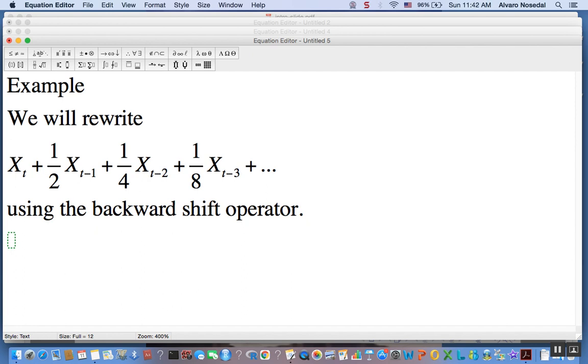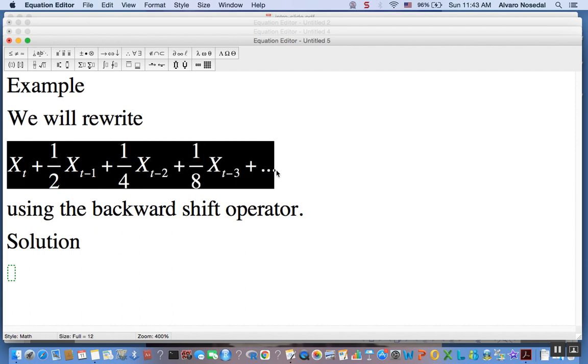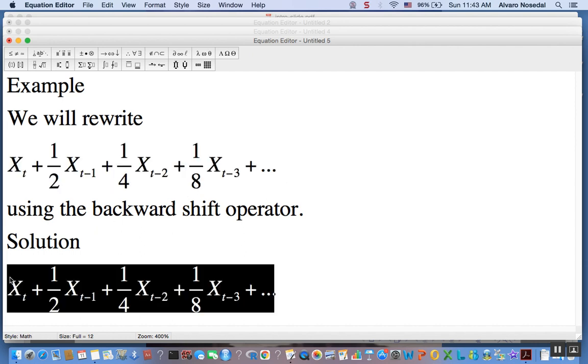Okay, so solution. We note that this one here, x at t minus 1, could be re-expressed like this: the backward shift operator applied to x_t. This one here, x at t minus 2, would be the same as B squared applied to x_t. This one, B cubed applied to x_t. Okay, so let's do that.